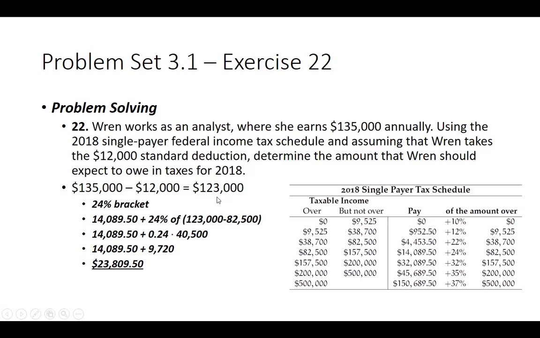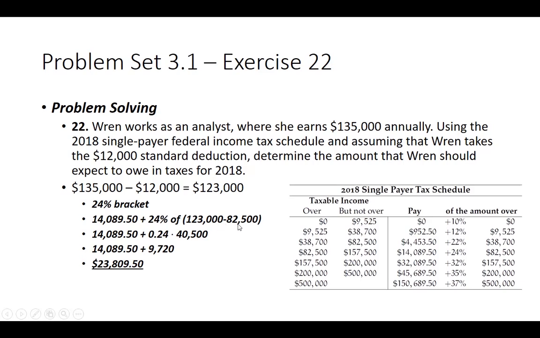135,000 minus 12,000 gives us 123,000. 123,000 puts Wren in the 24% tax bracket. And here, Wren will be paying $14,089.50 plus 24% of the amount over $82,500.